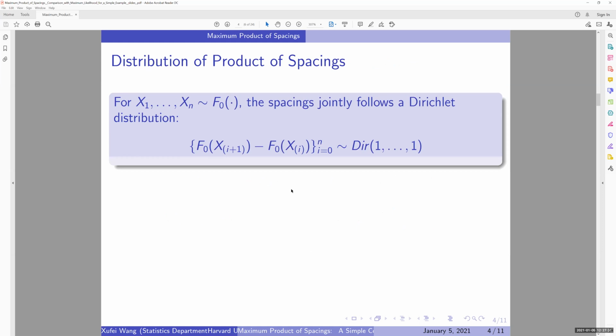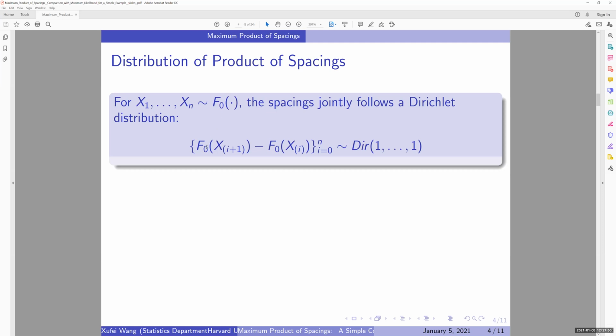Another thing to observe is, if we think that the observations are IID, then the joint distribution of the spacings actually follows a Dirichlet distribution. This is because, given the true CDF, each of these F of xi follows a uniform distribution.